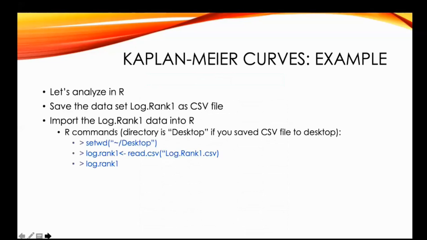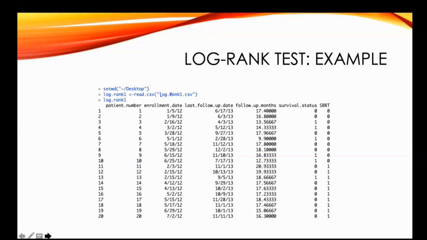So we can analyze this in R. Again, we're going to save the data set as a CSV file, change the working directory in R, and save the data set as log rank 1. Here are the R commands and file, and here's the data set, the same one that I just showed you from the Excel spreadsheet.